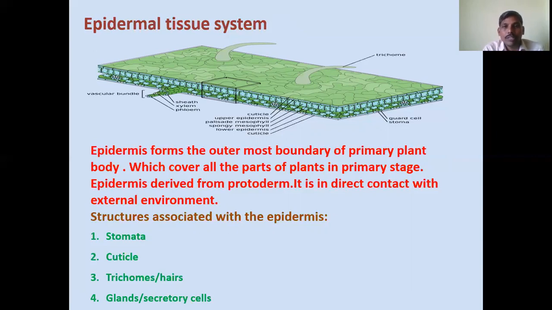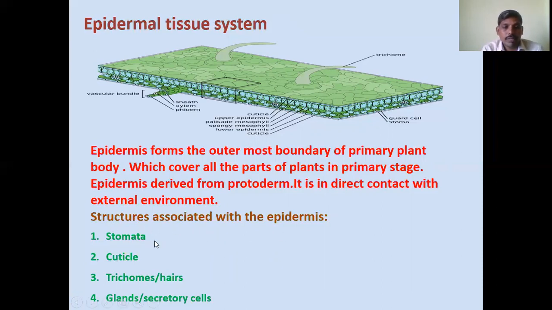So for example, this is a leaf structure. See the superficial layer and other accessory parts of the epidermis constitute the epidermal tissue system. This epidermal tissue system has its main part as epidermis, which is associated with a few structures also.